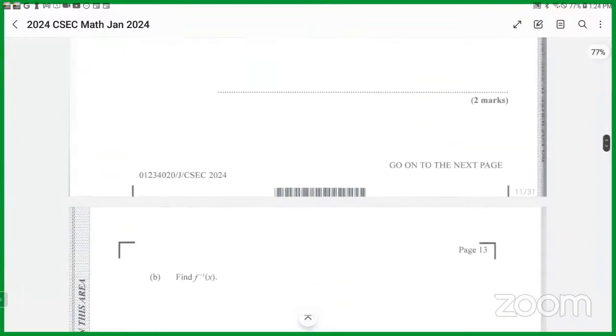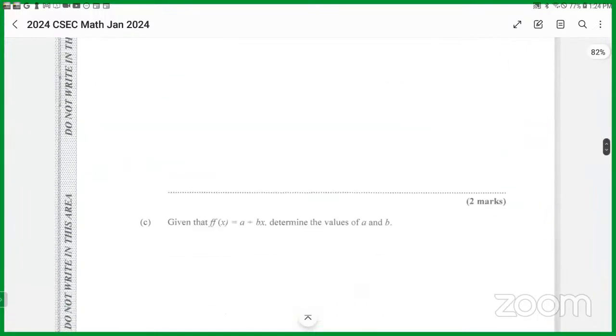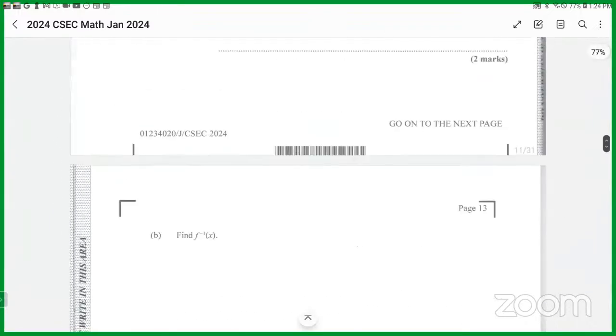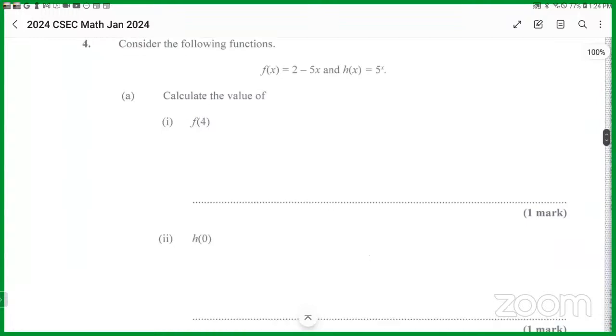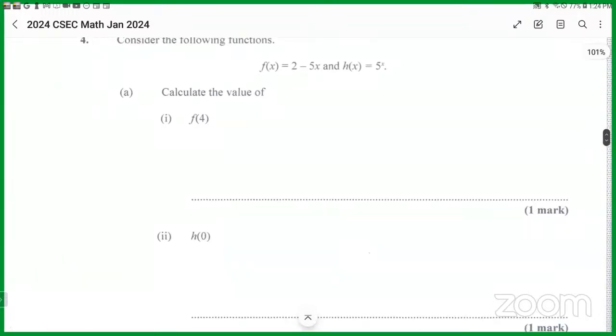No problem. This one looks familiar to anybody? I'm asking if this question looks like a question I've done before. I think you gave us this one. I'm pretty sure you gave us this one. Should I give it this one?